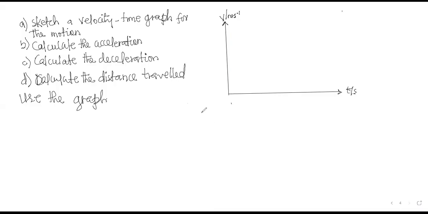The maximum velocity is from rest, then accelerates from 0 to 20. It maintains this velocity for a further 20 seconds and then decelerates so that it stops. Okay, so the maximum velocity is 20.